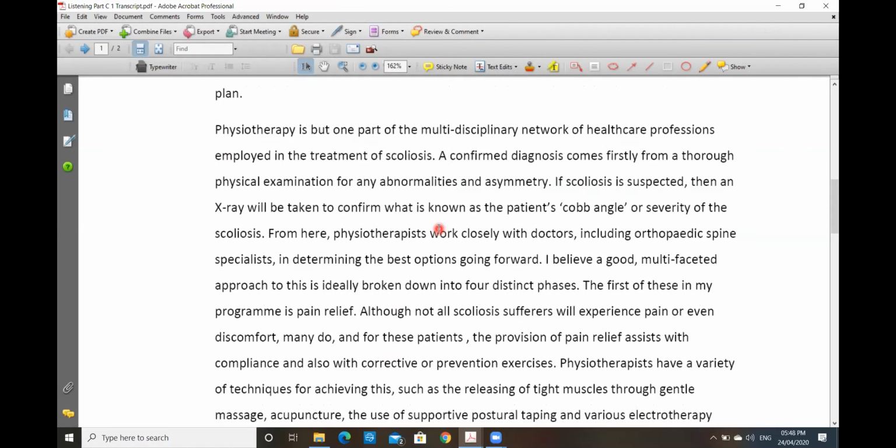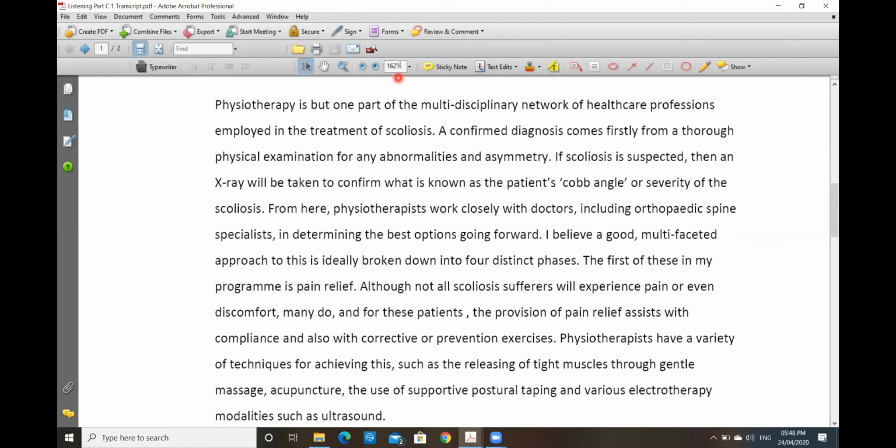because what they were discussing here is that a confirmed diagnosis comes with the help of X-ray and other things. And then what is the multifaceted approach that they have is that first thing, the priority, the first of these in my program is pain relief.